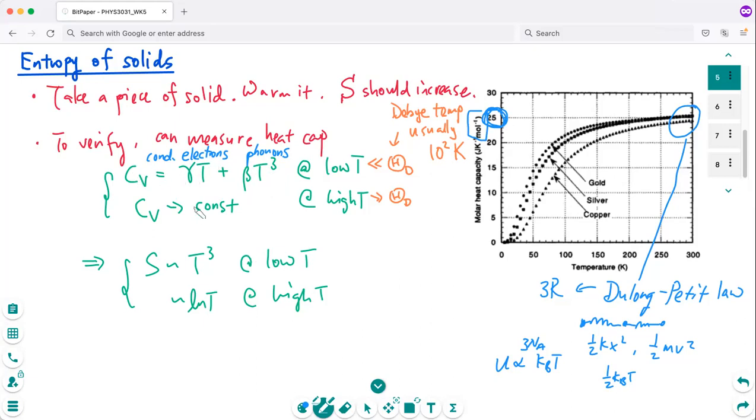There's heat capacity, right? One is to explore the lattice wave, the phonon part. The other one is to take advantage of the conduction electrons. And if you want to see the gamma T term, you need to go down to very low temperature in order to stay in the temperature range where this T cube term is not yet too overwhelming.